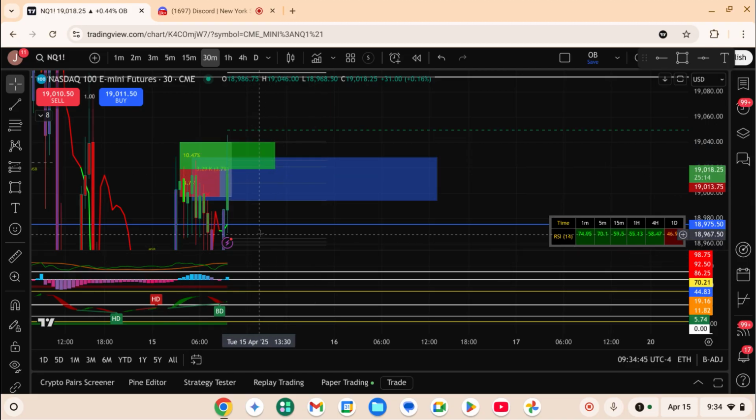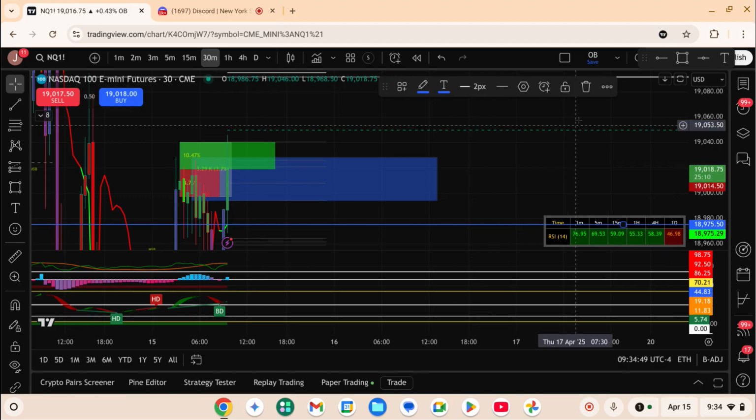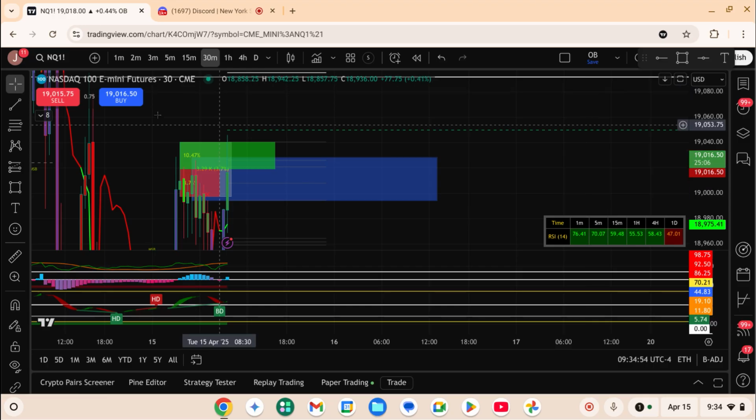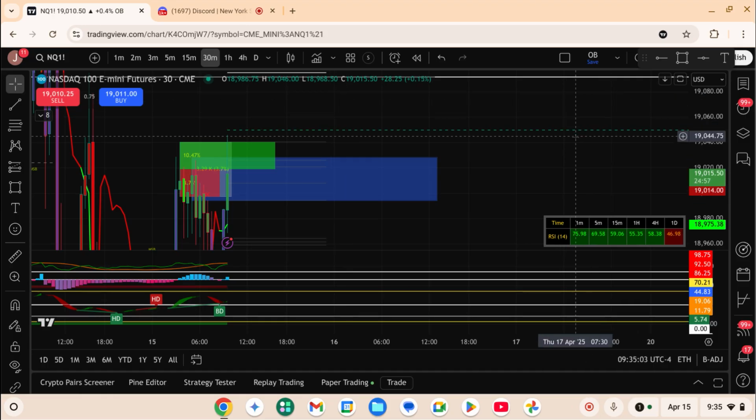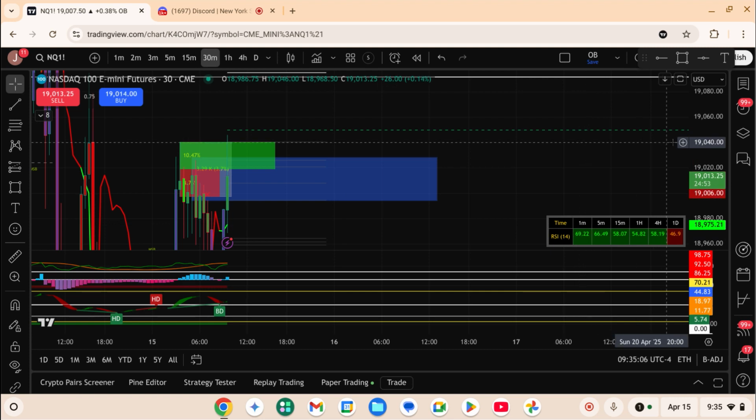So let me move this blue line because it took that liquidity. So that's no longer really valid or relevant. We'll do, let's say, the top of this order block here.